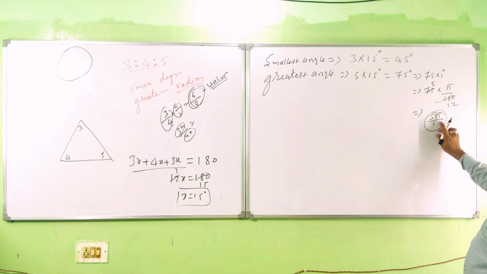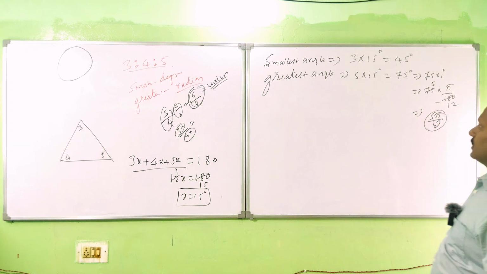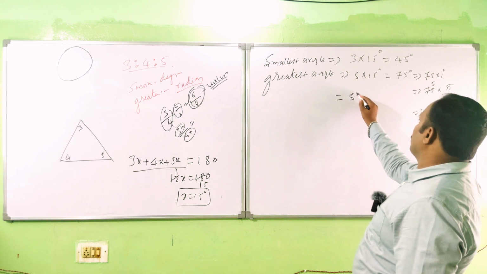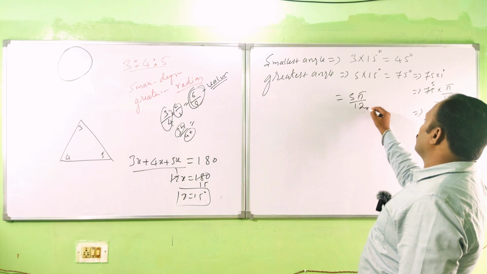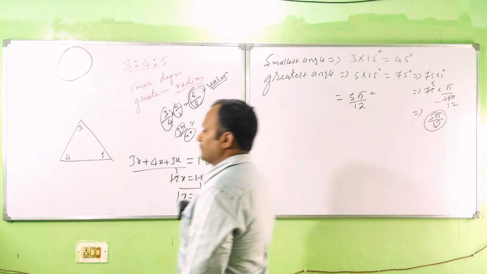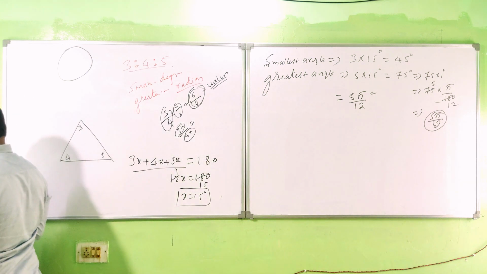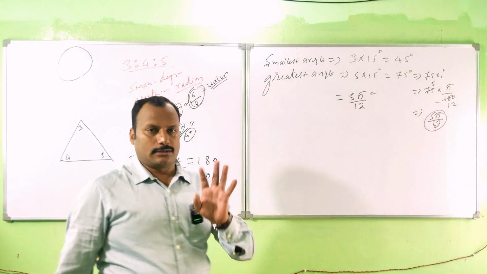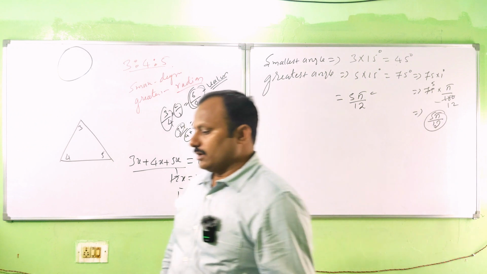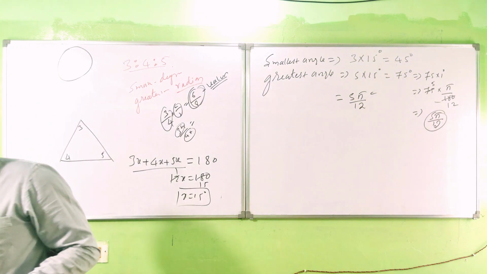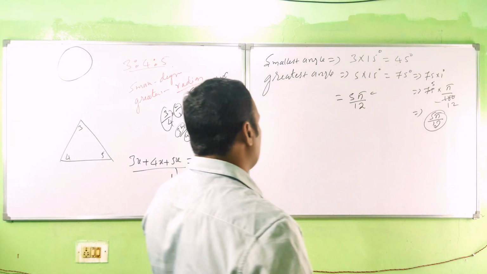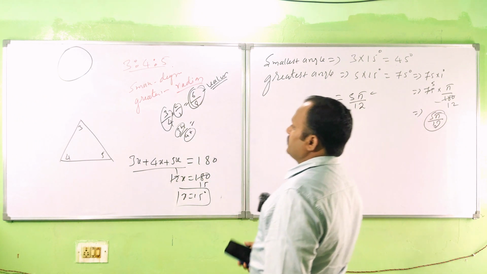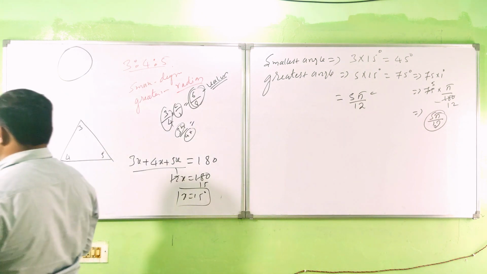The greatest angle becomes 5 pi by 12 radian. These questions are for competitive exams. This looks like the kind of question asked in UPSC, state board and SSC exams. They are tricky but easy.